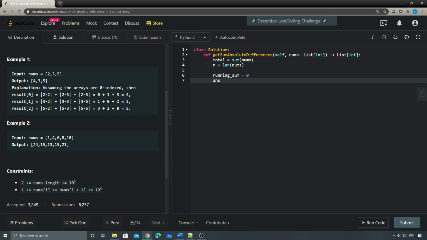Then we have an answer equal to an empty list at the beginning, and then for i, num in enumerate nums, first let's calculate the running sum for the current i.